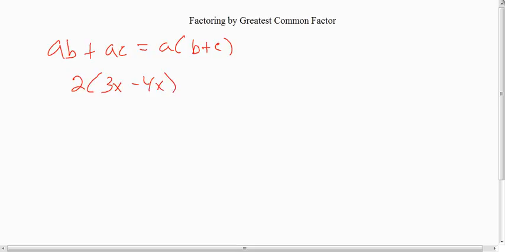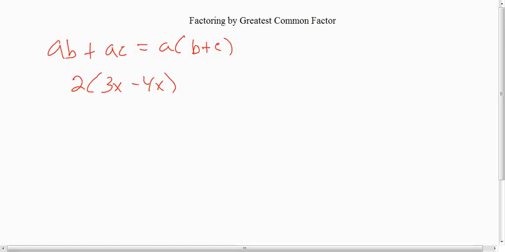We would think, hey, it is factored completely because there's nothing inside that can divide by the 2 that's on the outside, with the exception of 4. But if you look closely, you see that both the terms 3x and 4x have common factors of x.